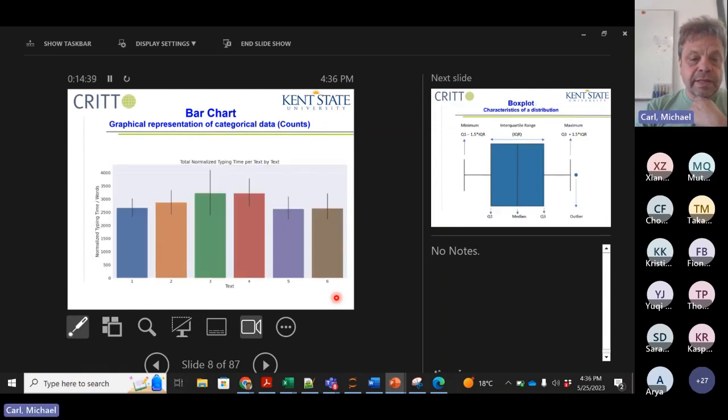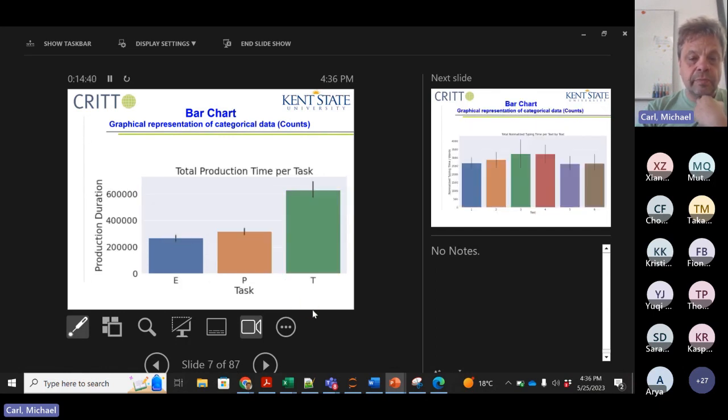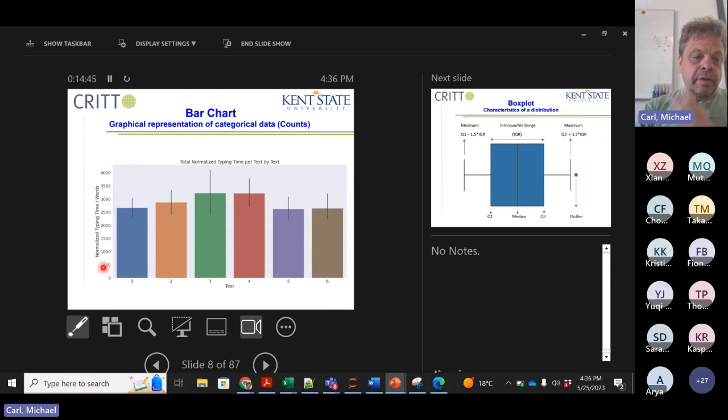So this was another example that we had yesterday. While we have here the different tasks and the production duration, here we have normalized typing duration per word and the different texts. So we can look into this data from different angles, either from the participant or from the text.